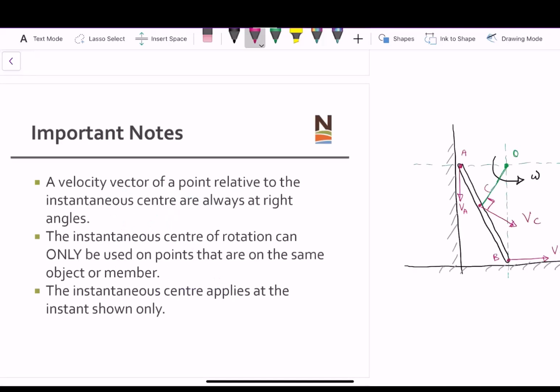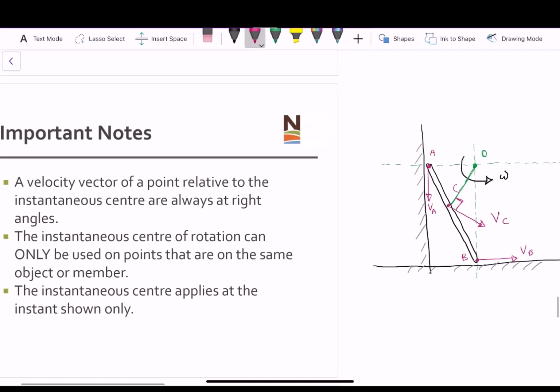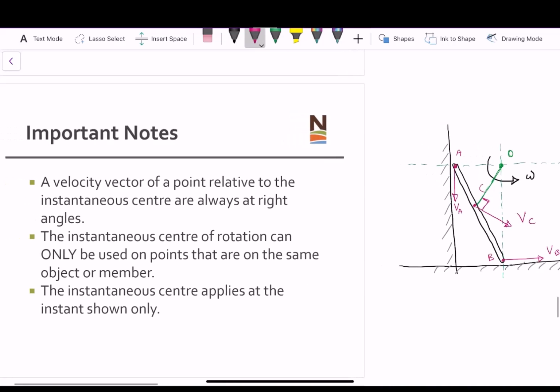So some more notes about instantaneous center is that a velocity vector of a point relative to the instantaneous center is always at a right angle. And that's what I just showed here, is that we found the instantaneous center by doing right angles from point A and point B. Once we have that location, then we can find the direction of any other velocity on that body.